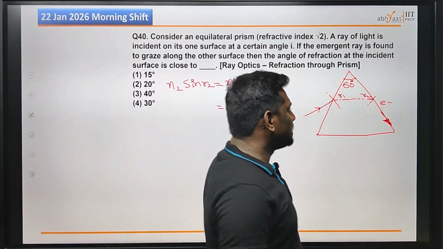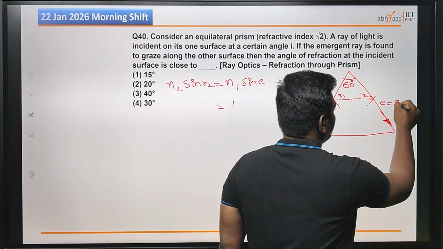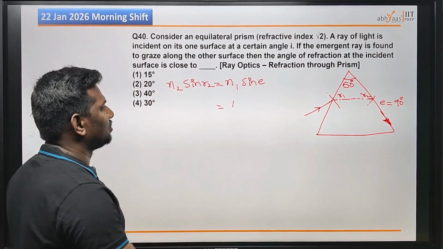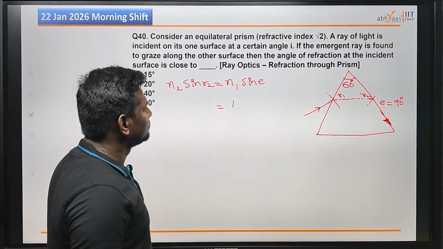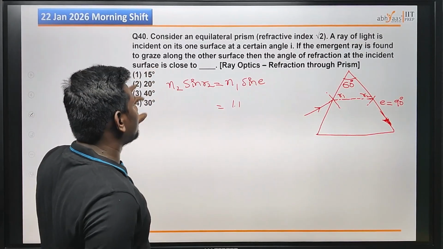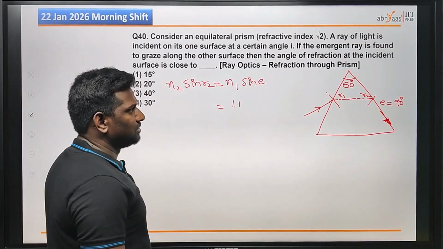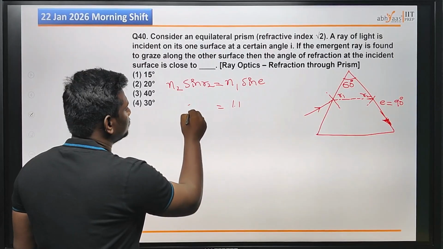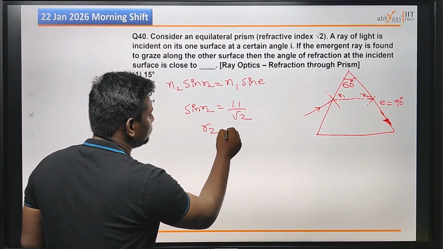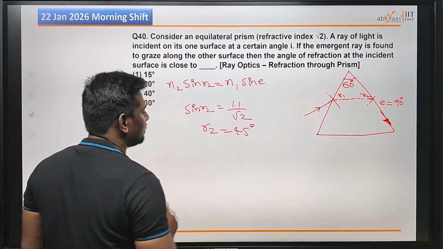The emergent angle is 90 degrees. That is correct. So sin 90 is nothing but 1. So what is the refractive index of prism? That is √2. So sin R2 is 1 by √2, so R2 can be written as 45 degrees.